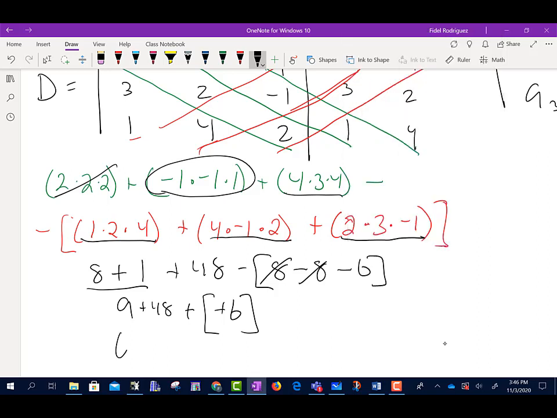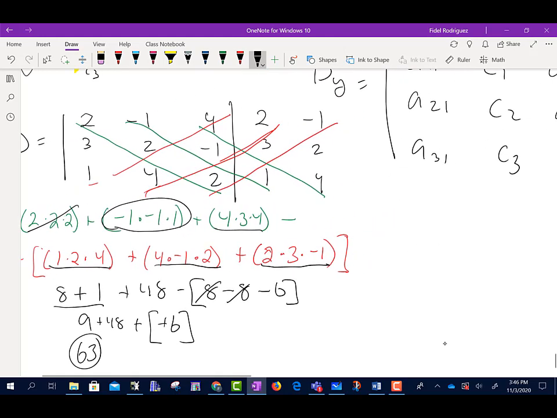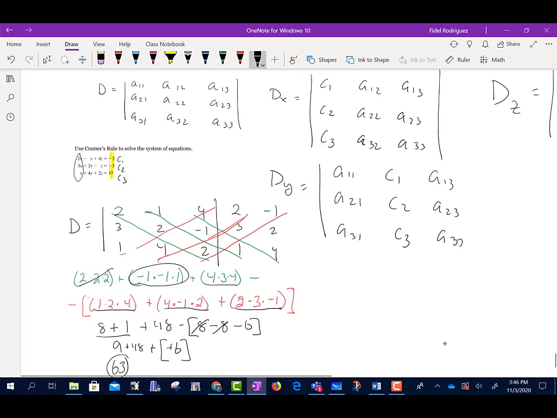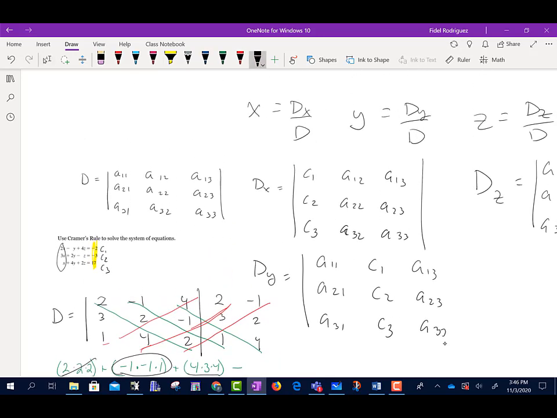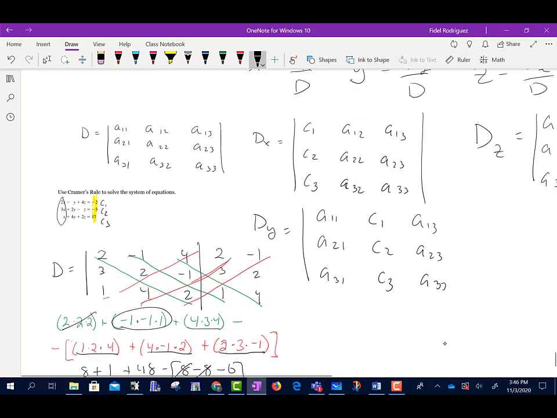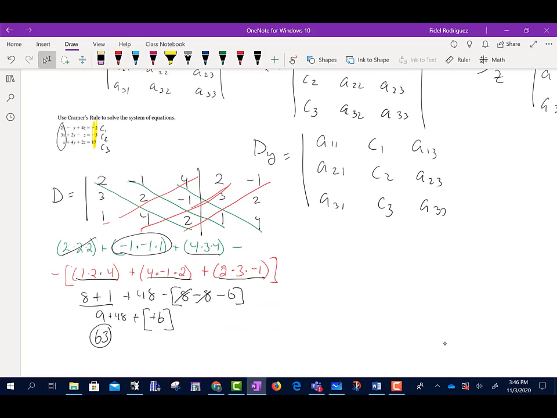And we're coming up with 63. Okay. So right here I'm going to write D is equal to 63. Okay. All right. Now the next thing we're going to look for, we're going to find the value of dx.